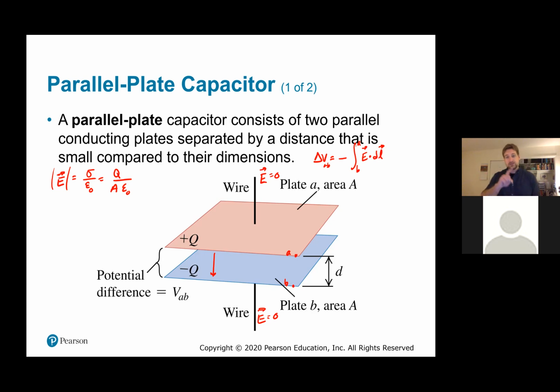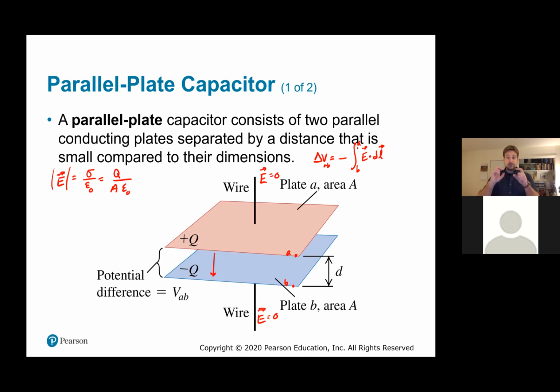Now, the electric field is in the down direction, and dl from B to A is in the up direction, so the dot product is negative. But the directions are anti-parallel, so we just get a minus sign.